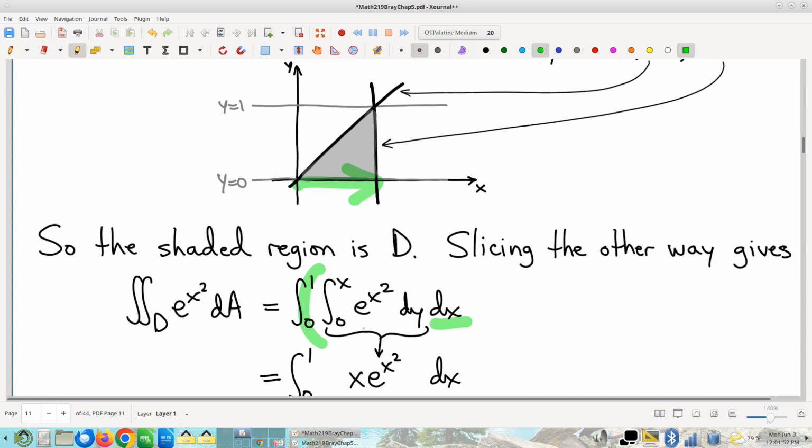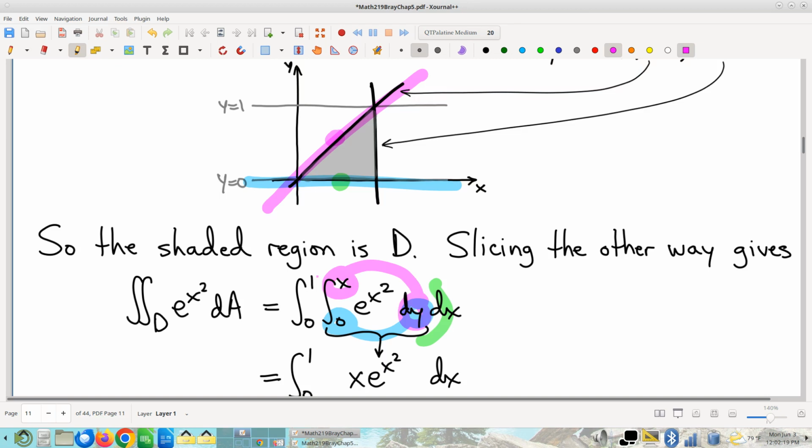Let's see here now then, for a given value of x, the lower bound is going to come from that curve, y equals 0, and the upper bound for y is going to come from that curve, y equals x. And we have ourselves now a new iterated integral.